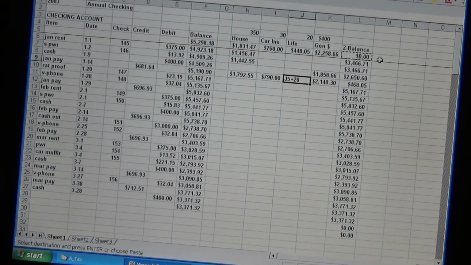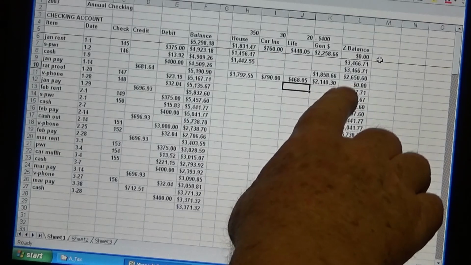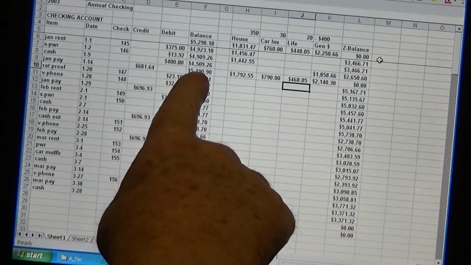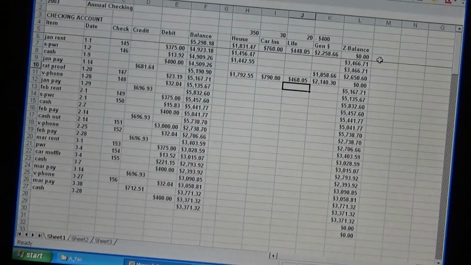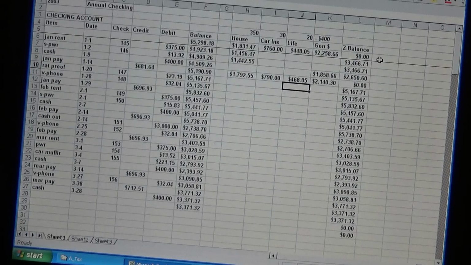I forgot to put the equal in front, so I need to do an F2 to where it's going to be equal to J5 plus $20. Now we get to 0, which is verifying that what I have in my cash envelopes is equal to the balance in my checking. And that's how I do it, to where I do cash.